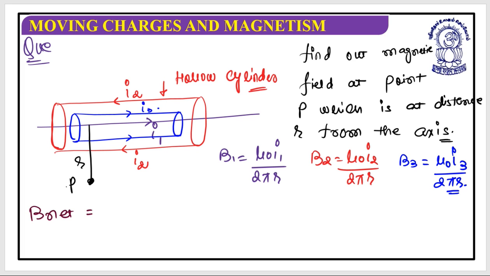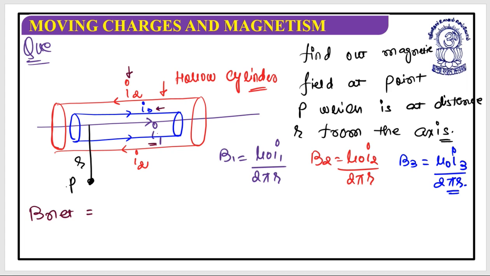Now let's suppose that in this situation I1 is moving in the positive x direction. Even I3 is moving in the positive x direction and I2 is moving in the negative x direction. So magnetic field due to I1 and I3 would be in the same direction. How could I come to know? According to the right hand rule. And magnetic field due to I2 would be in the opposite direction.